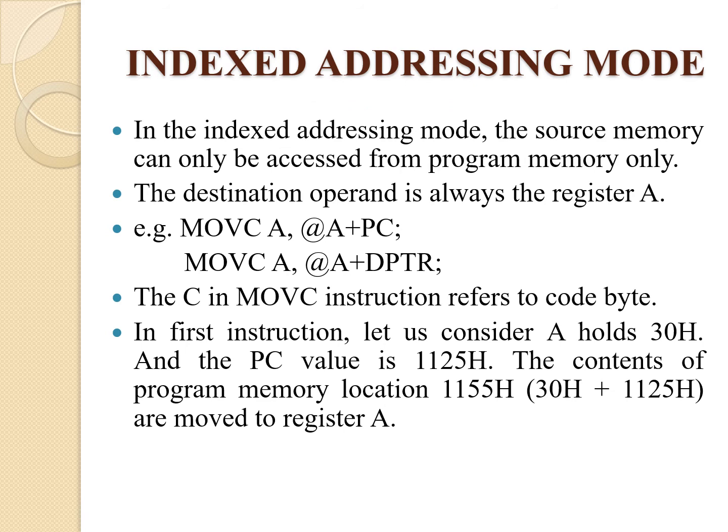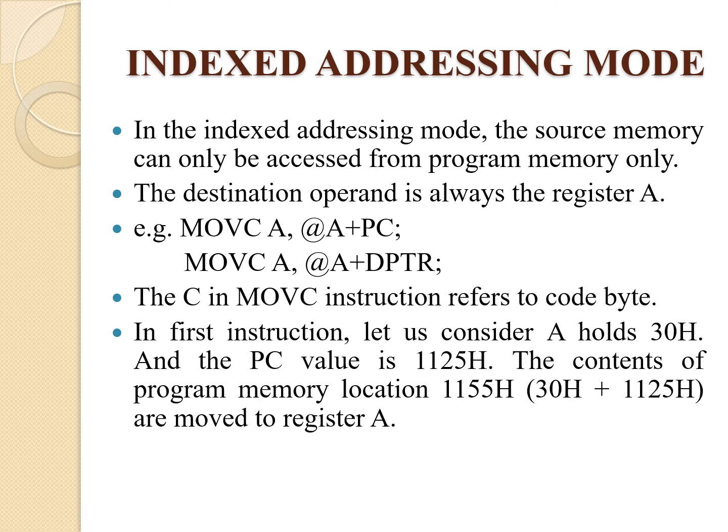Indexed addressing mode. In the indexed addressing mode, the source memory can only be accessed from program memory. The destination operand is always the register A. For example, MOVC A, @A+PC; MOVC A, @A+DPTR. Now you can see one common thing, that is MOVC is used here.